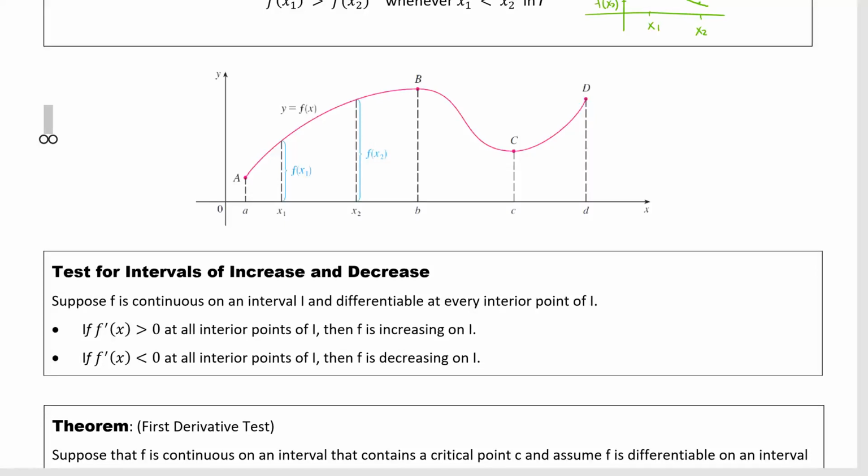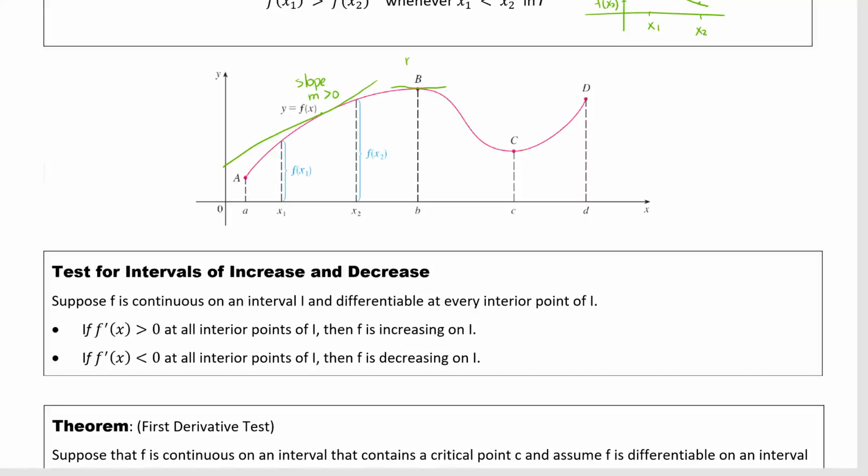And furthermore, when the function is increasing, what is special about the slope of the tangent line? Let's look at this. Here you can see the tangent line, the slope is actually positive. How about at B? What's special?